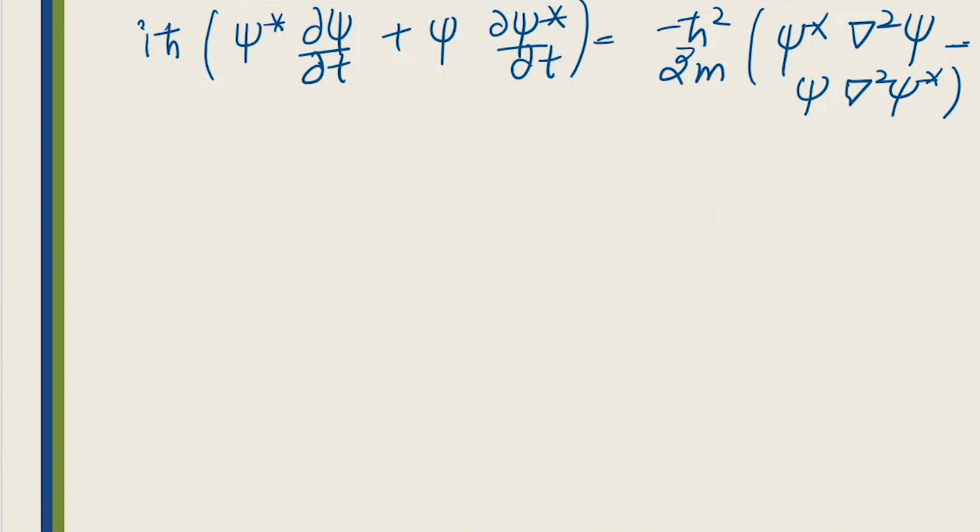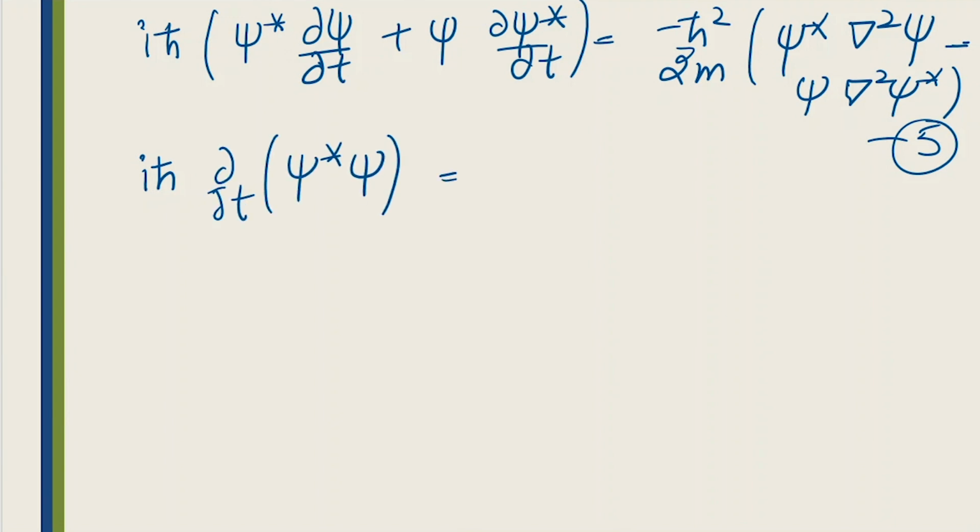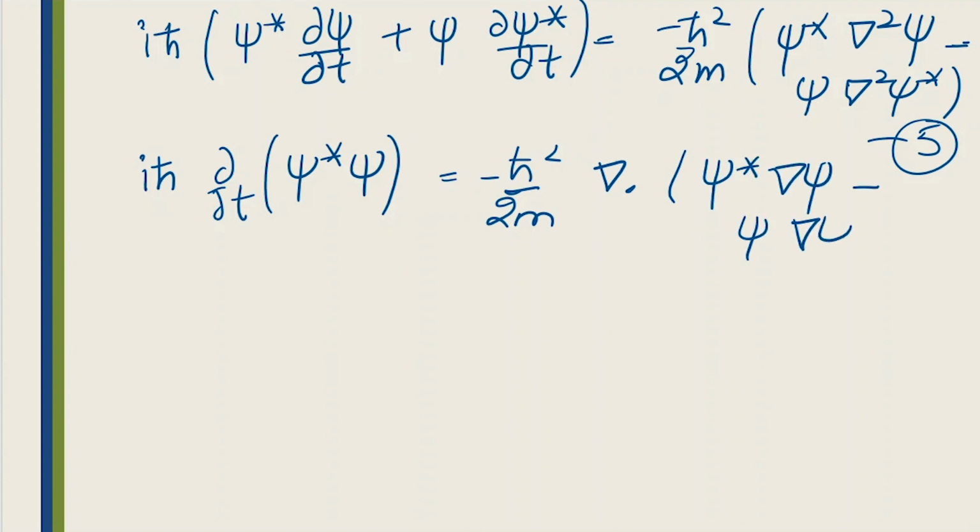We can write the whole as del by del t of psi star psi, and the right side can be written in terms of the divergence of psi star del psi minus psi del psi star.